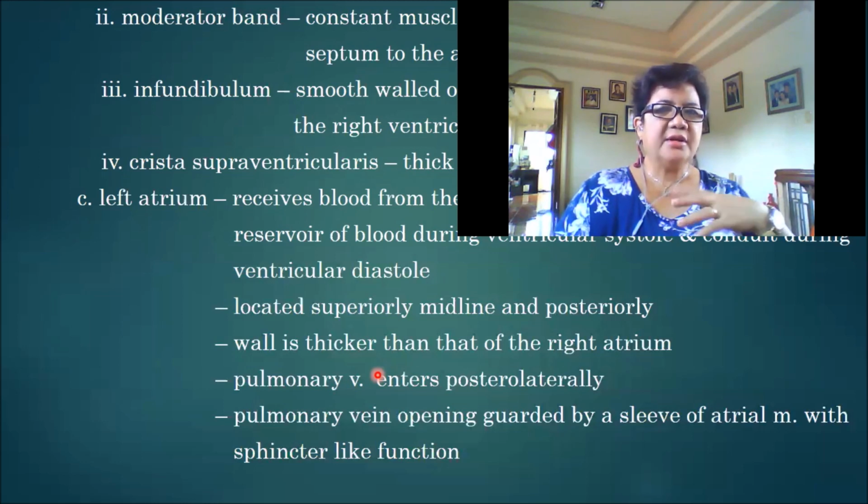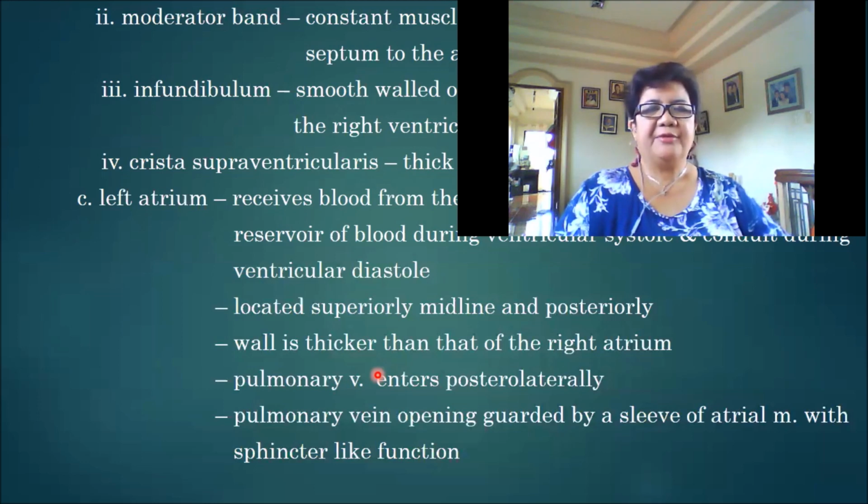Whereas the right atrium will just receive the blood passively coming from the superior and inferior vena cava. Then you have the pulmonary veins which enter posterolaterally to the left atrium. There are 4 pulmonary veins, 2 for each lung.